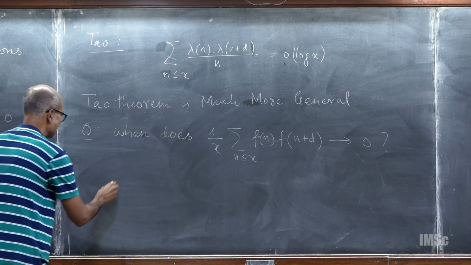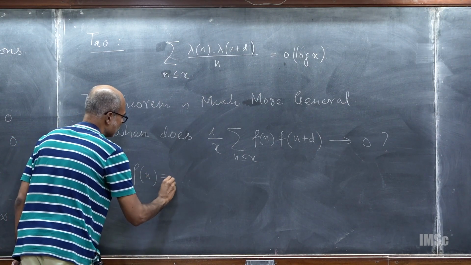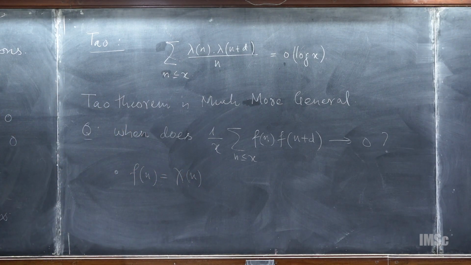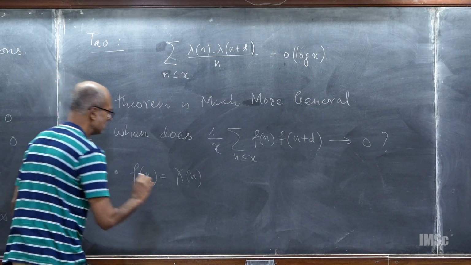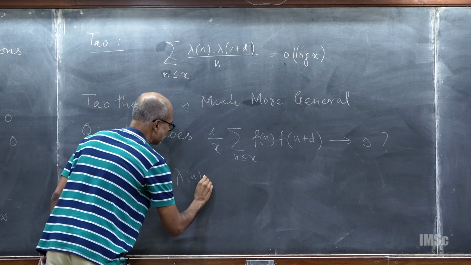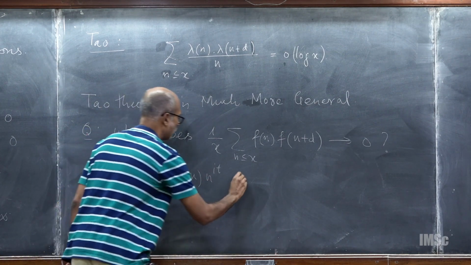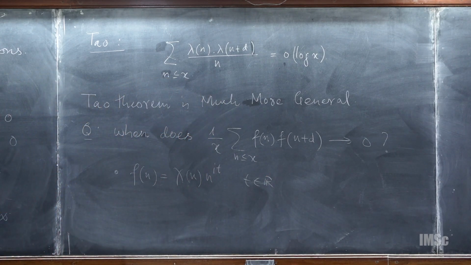One thing is, if f of n is a Dirichlet character, then it doesn't go to 0. In fact, slightly more generally, you can take a Dirichlet character and put n to the i t for a fixed real number t.